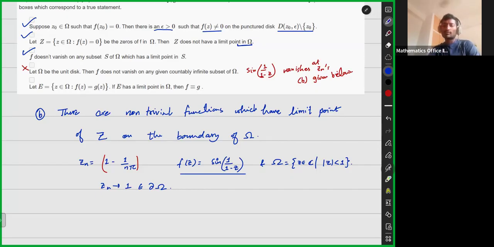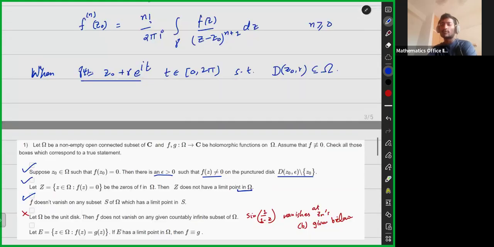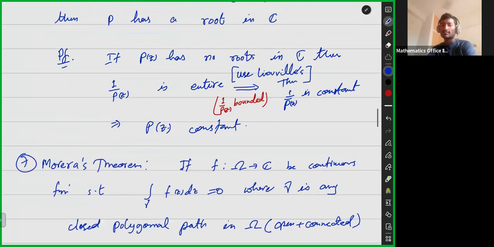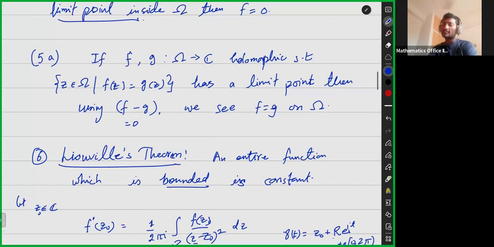Now we are going to see the last part. E is a subset where f and g agree. If E has a limit point, then f is equal to g. This is what we discussed previously.